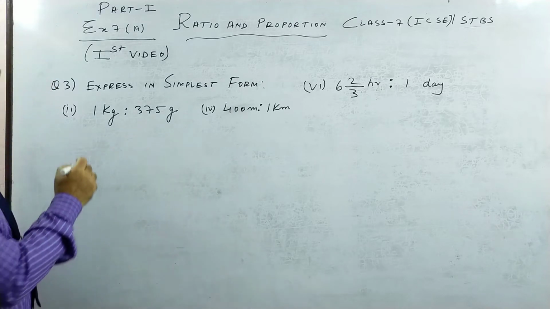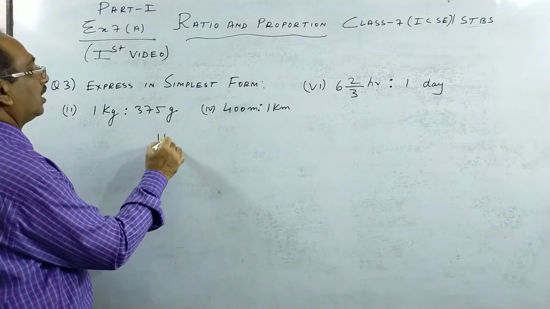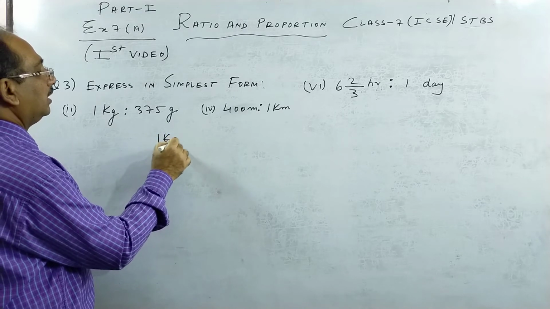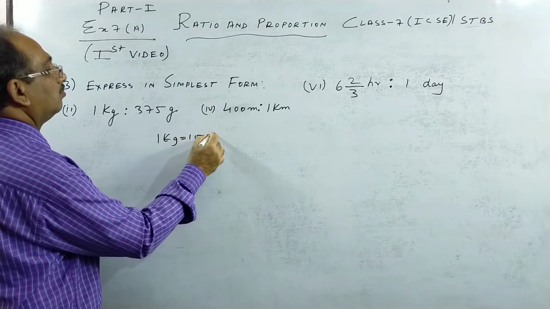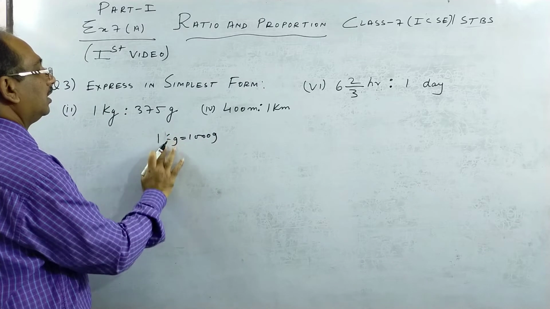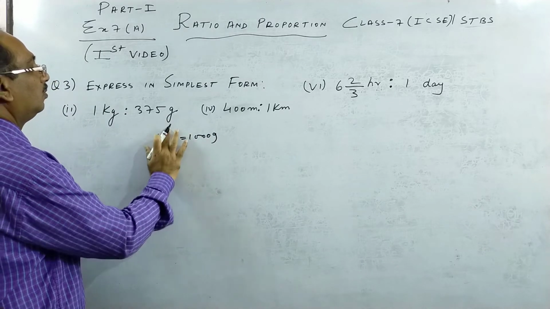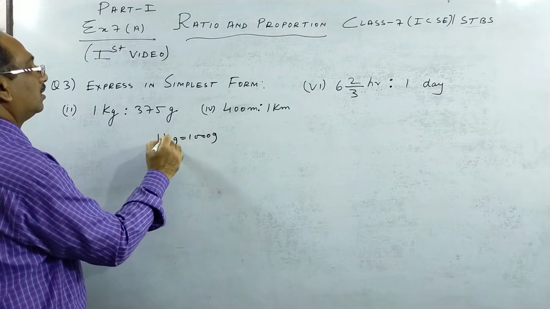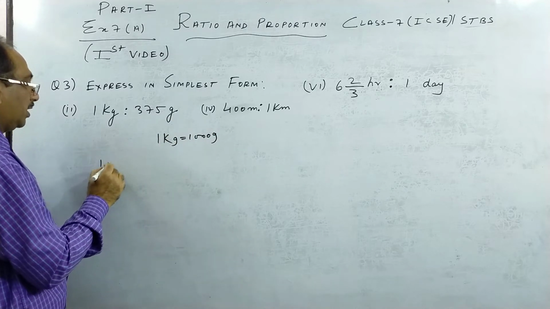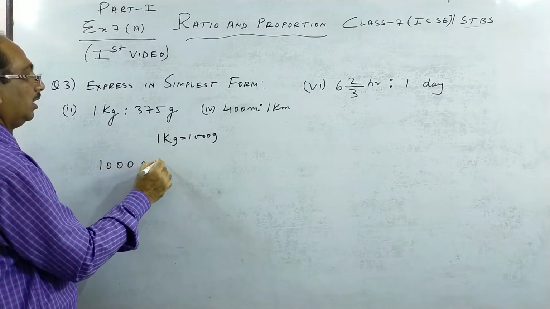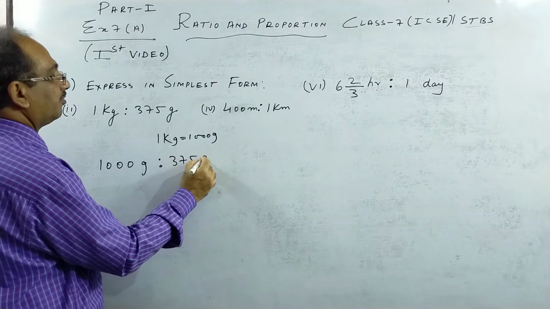So the unit is different. So before I start, you know, 1 kg is 1000 gram. So some conversions, children, you need to know before we start the sum. 1 kg becomes 1000 gram is to 375 gram.